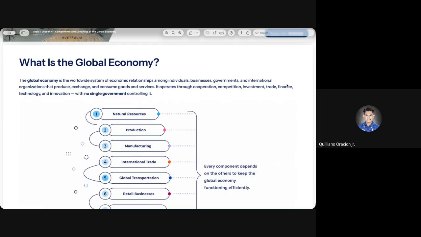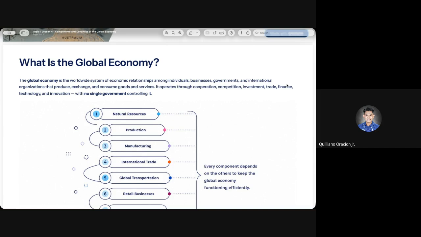Now, as future seafarers, remember this one that most products travel through ships before reaching consumers. And without shipping, the global economy slows down. Now, kindly look at this diagram.